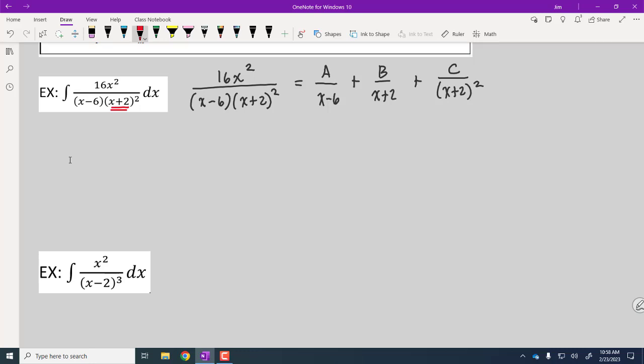Because when this multiplies by that, the x minus 6's cancel. When this multiplies here, you're going to end up with just one x plus 2 in the top. And when you multiply this by this one, you have no x plus 2's left, because that one's to a 2 and that one's to a 2, so the only thing left is that. You see it?